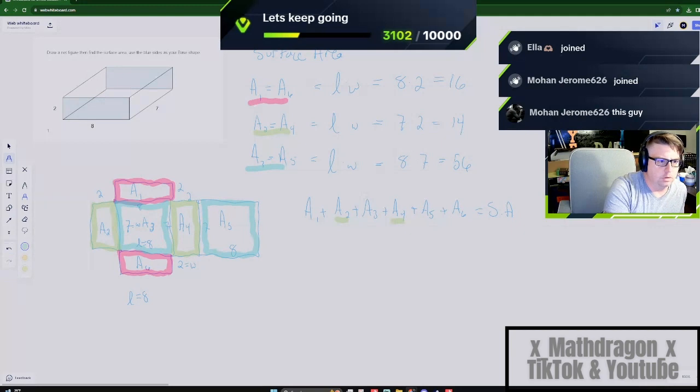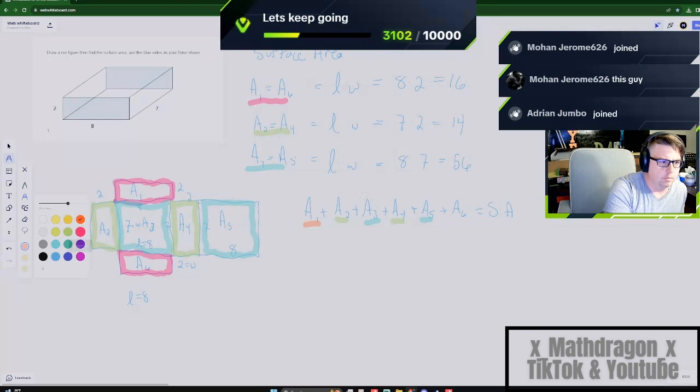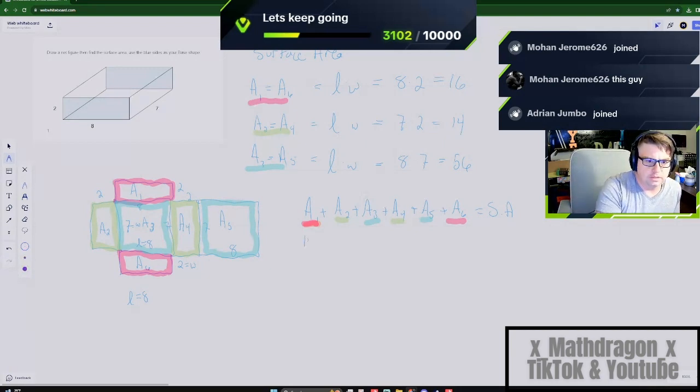We're going to do 3 and 5 being blue, and then 1 and 6 being red. Okay, so now when we plug our numbers in, A1 is 16, A2 is 14, A3 is 56, A4 is 14, A5 is 56, A6 is 16. And then once we combine all these, that becomes our total surface area.